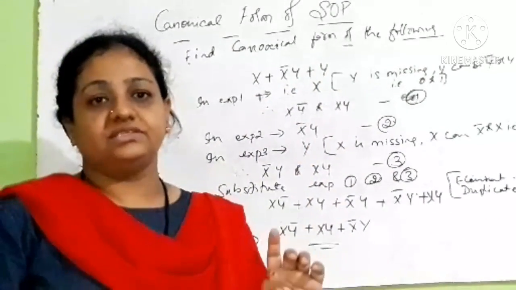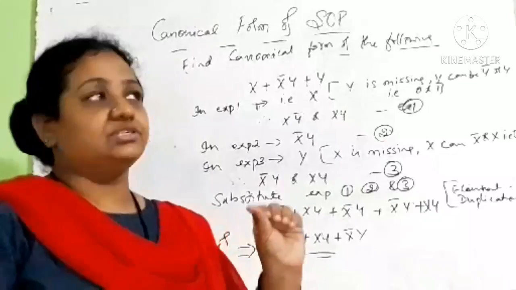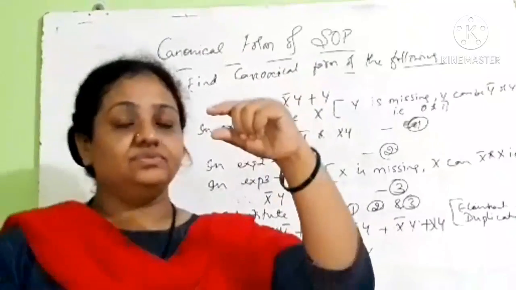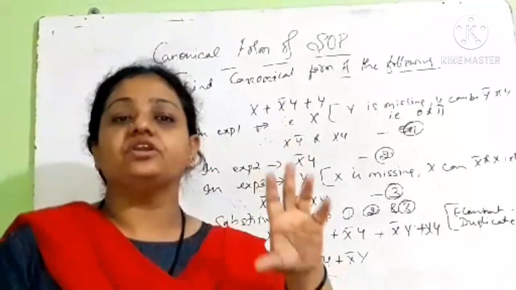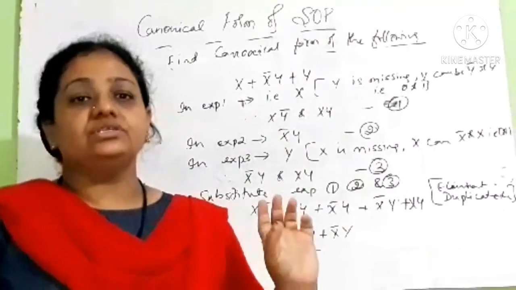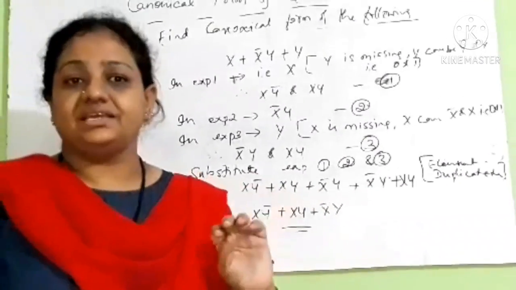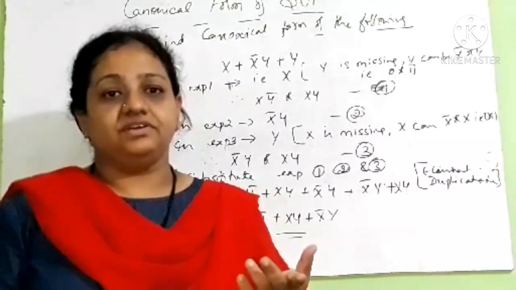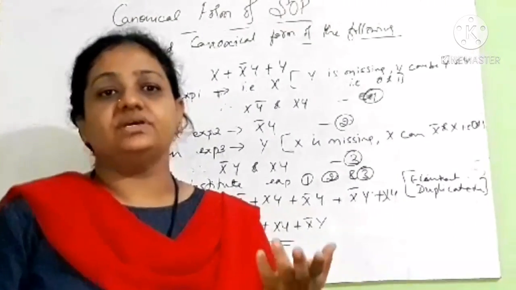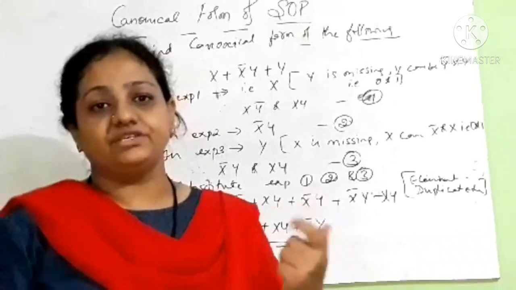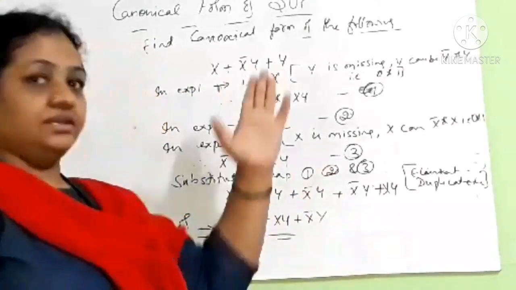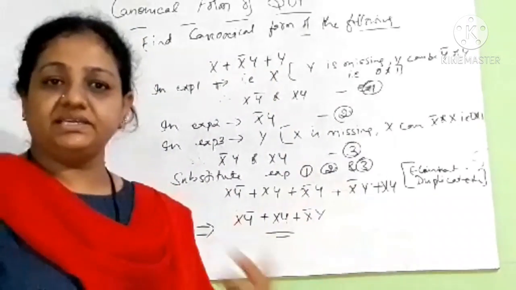That is because in this expression all terms are not in a pure minterm form. So this SOP is not in the canonical form. Let us see how we can convert a given expression into the canonical form of SOP. Let me explain it step by step.